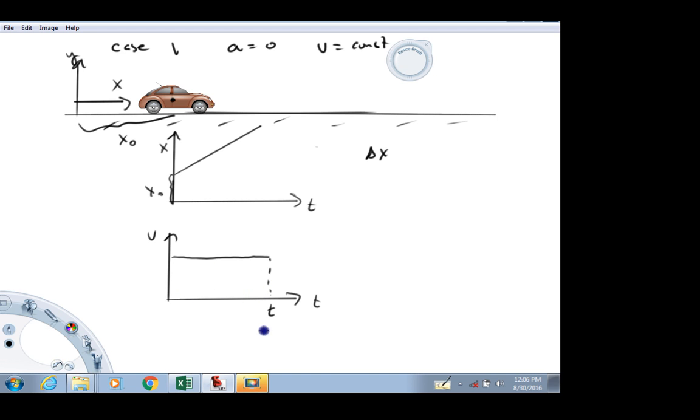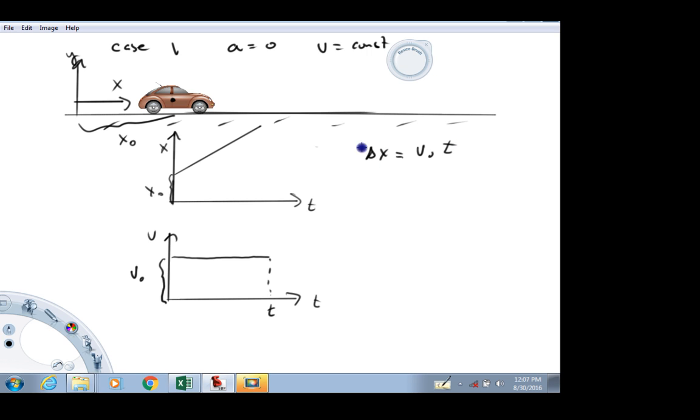Now this is a nice rectangular area. The horizontal distance I called t. This distance I don't have labeled yet, but this is going to equal whatever the initial speed of the car is. I'm just going to call that v sub o for now. And that's going to be whatever that car's speed is moving to the right. Therefore, the change in position, the delta x, is equal to this area, which would equal v sub o t.